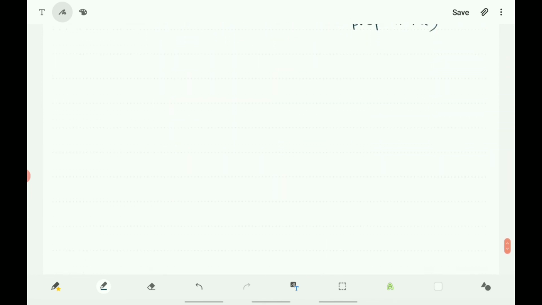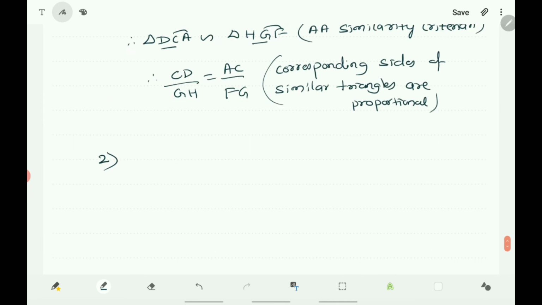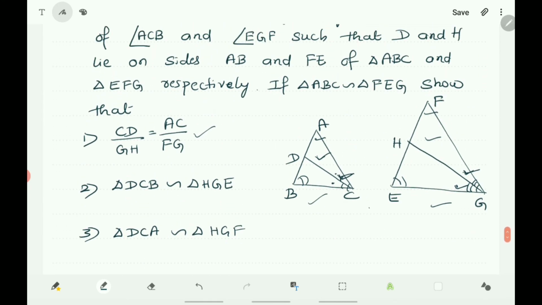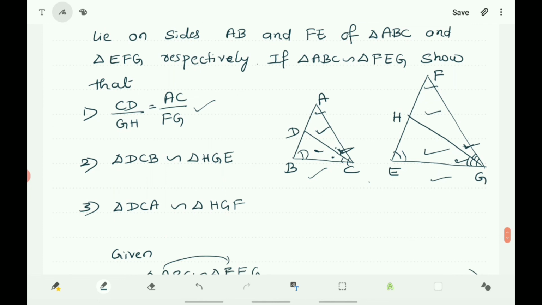The second one is prove that triangle DCB is similar to triangle HGE, and with the help of the same reason you can prove that two triangles are similar. So you write the names of the two triangles.